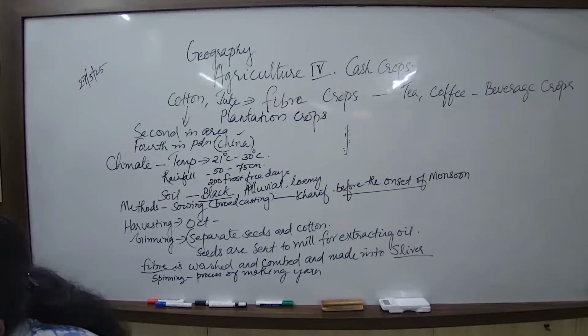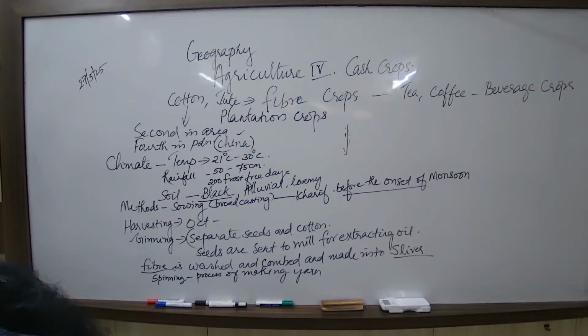So major producer you can write Gujarat and Maharashtra. They are the black soil region. The other region, Punjab, Haryana, and all, in the alluvial soil, they are trying only. Andhra Pradesh, Karnataka, Tamil Nadu, and all can be added, but Gujarat and Maharashtra are the major producers.